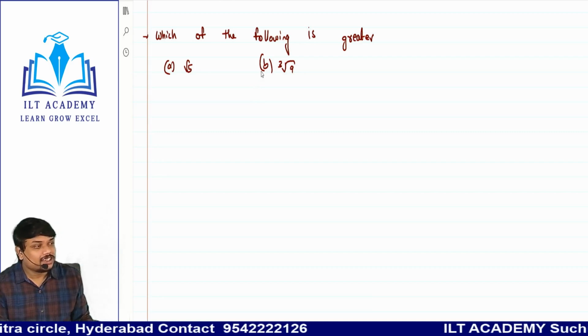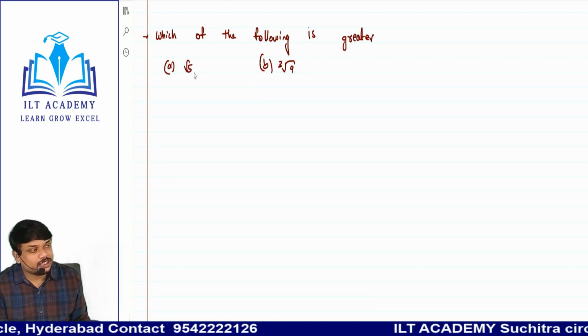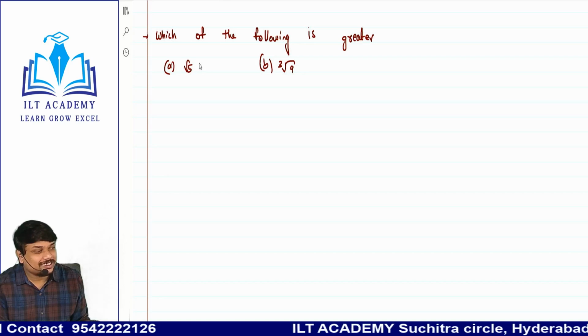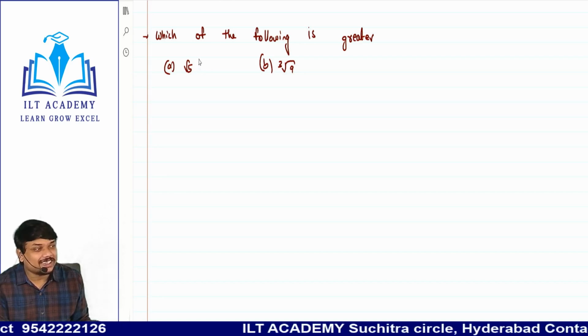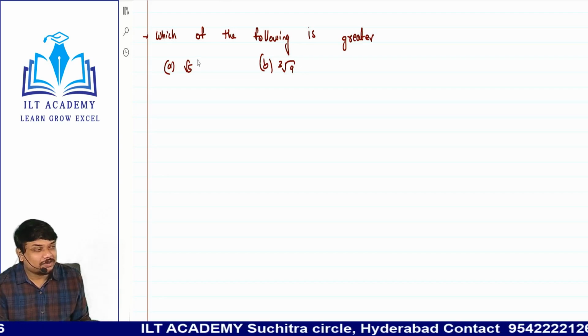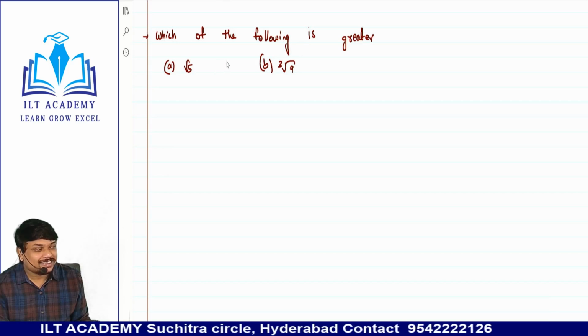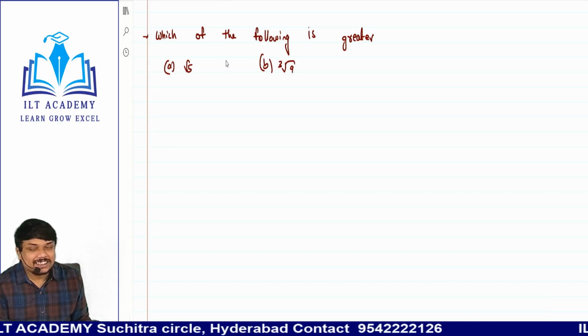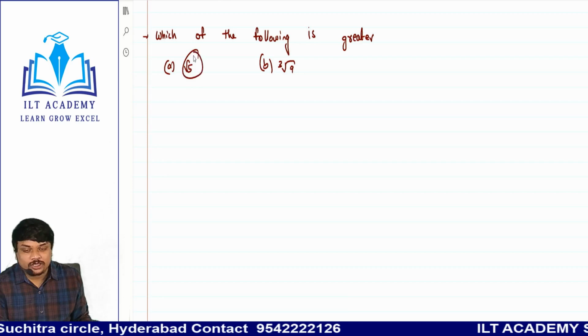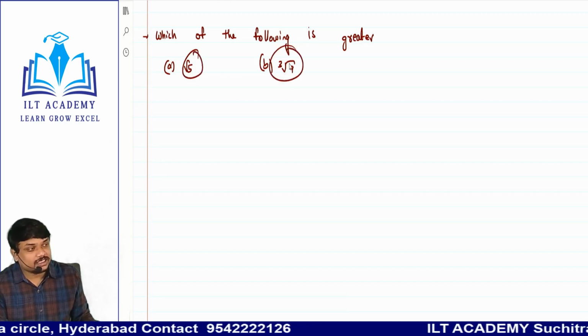Root 5 कर सकते, cube root 9 how you will do in calculator? Scientific calculator is not allowed now. System calculator is allowed. System calculator में root तक ही रहता ना, cube root नहीं रहता ना. See, not about that. अब देखो, वो नहीं, ये देखो, root 5 is greater or cube root 9 is greater.